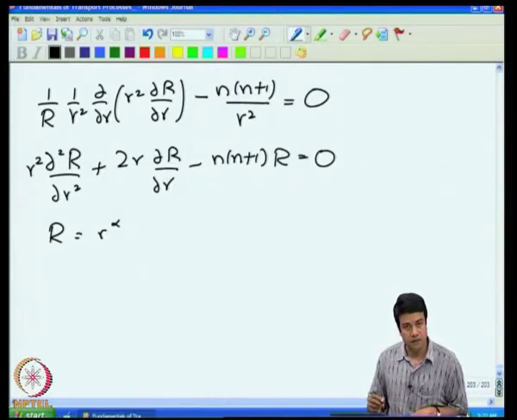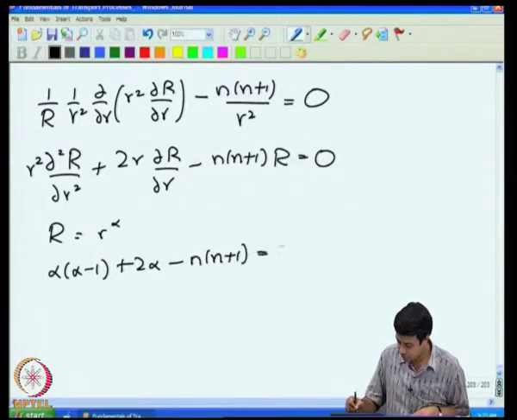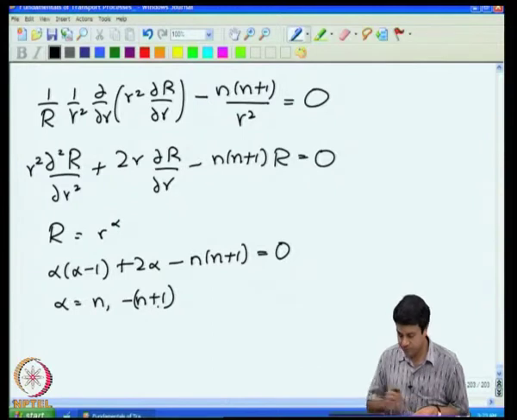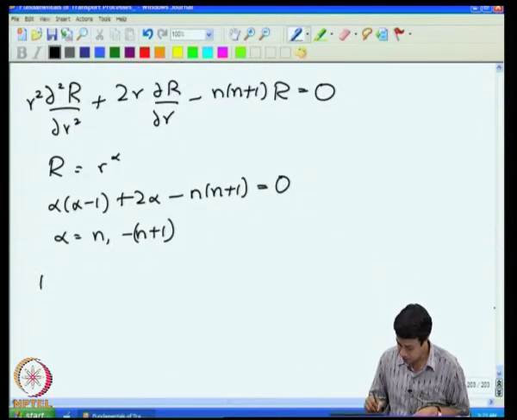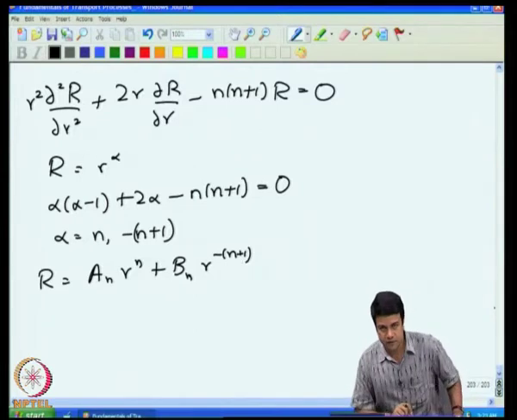If I insert into this equation and solve, I will get alpha into alpha minus 1 plus 2 alpha minus n into n plus 1 is equal to 0, or alpha is equal to n and minus n plus 1. So, the solutions for R are of the form R equal to a n r power n plus b n r power minus n plus 1, for a specific value of n.